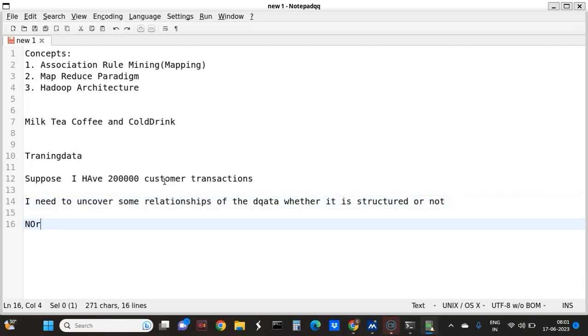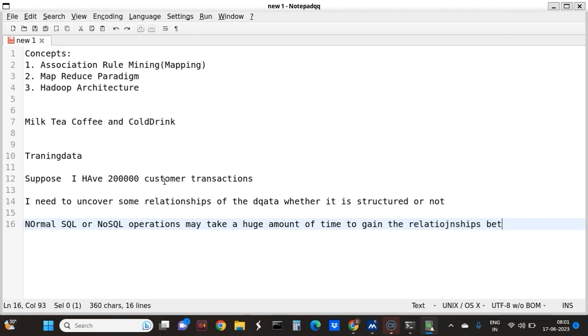Normal SQL or NoSQL operations may take a huge amount of time to gain the relationships between different data values.